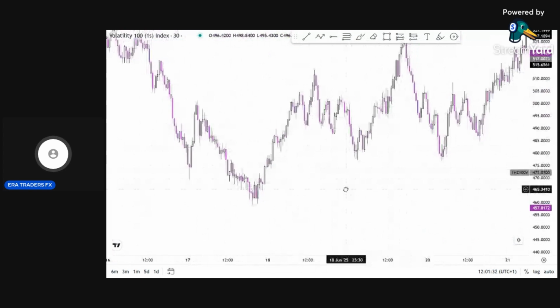This is your sweep of the high. This is your break of structure to the downside. Your last high before the major high is your structural liquidity. And we add this resistance level. If you go to your chart, change it to line. At the top of this line is the resistance level. So you can see the sniper entry there.